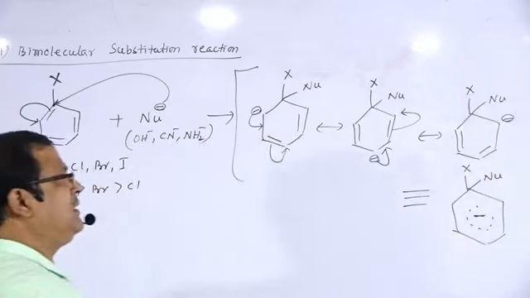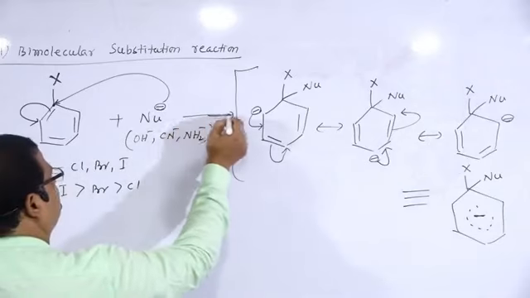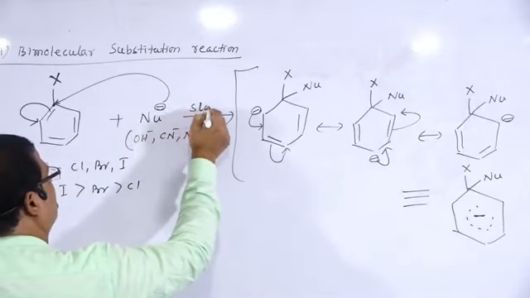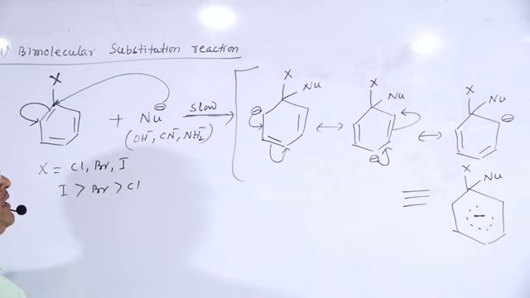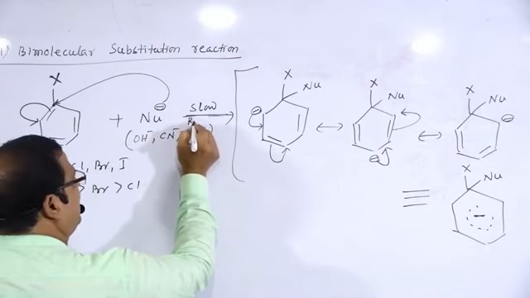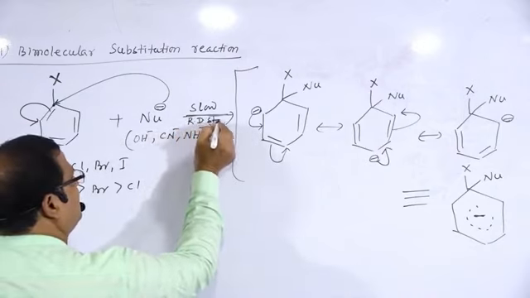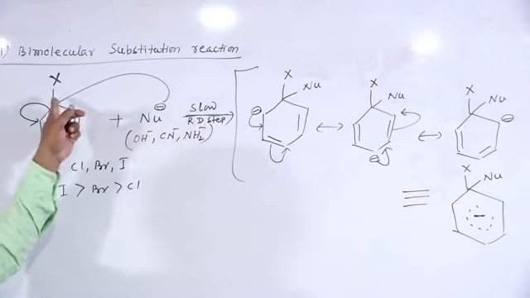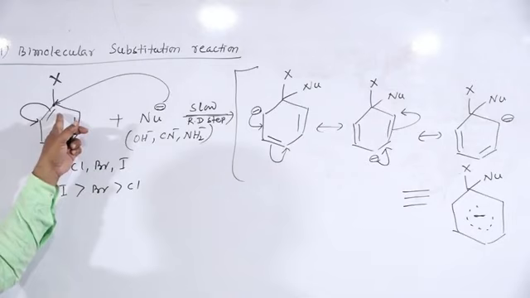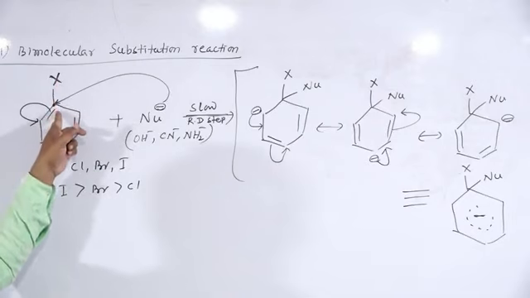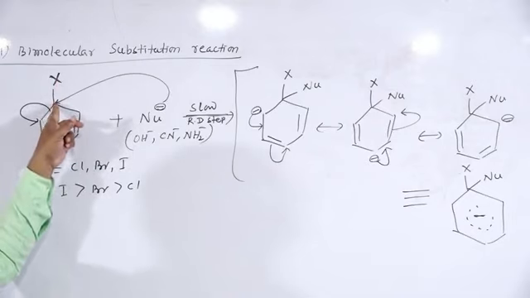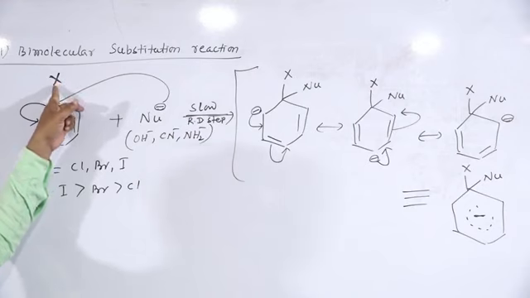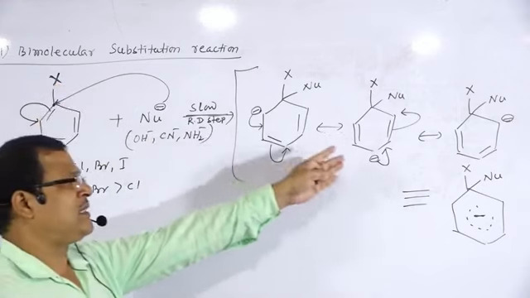Next, this is the slow step and rate determining step. The nucleophile attacks the haloarene, chlorobenzene or bromobenzene, at the carbon to which the halogen is attached, and these are the resonance stabilized structures.